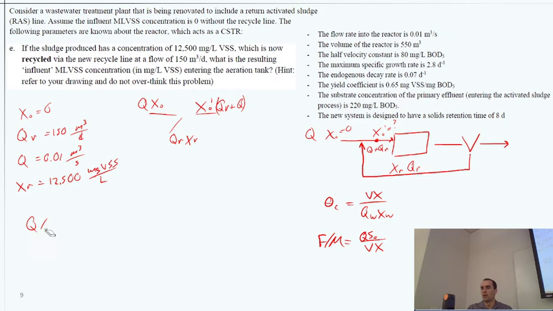It still is 0, but I'm just going to say that the qx naught plus qr xr is equal to, so that's the two things coming in is equal to what's going out, which is this x naught prime that we're solving for times that q total.